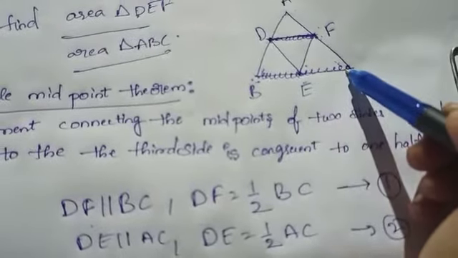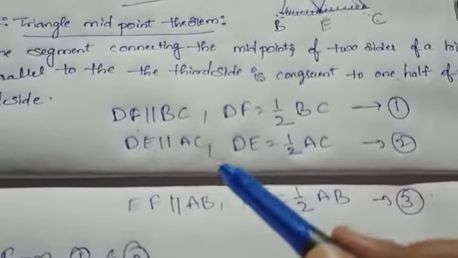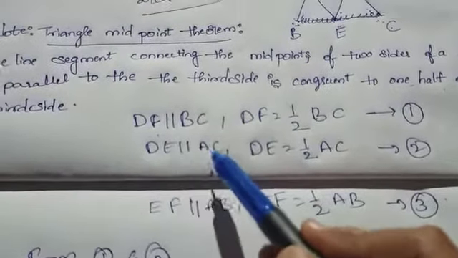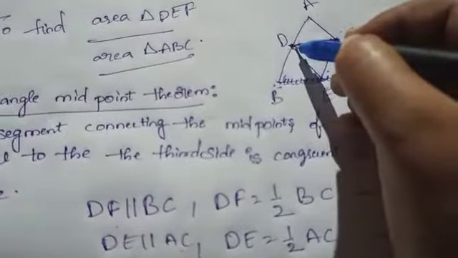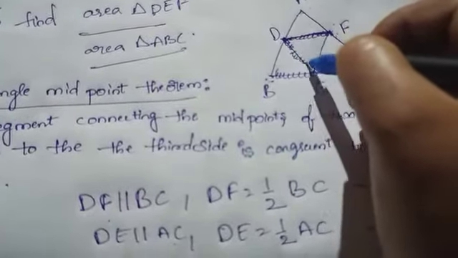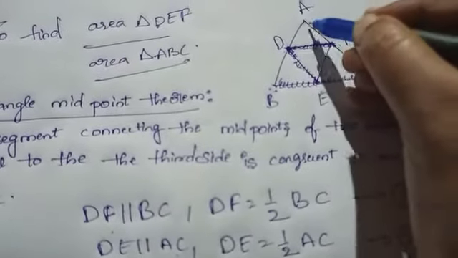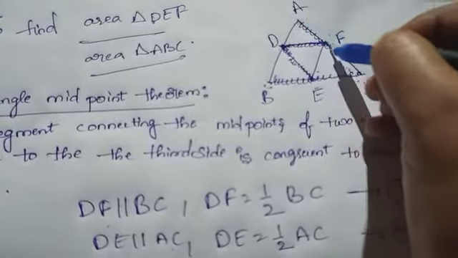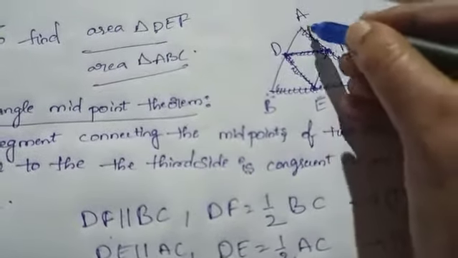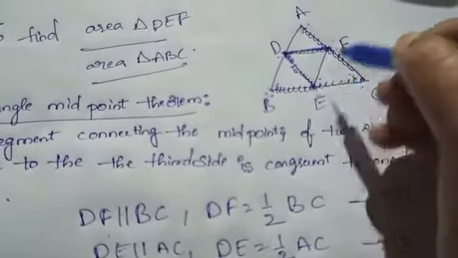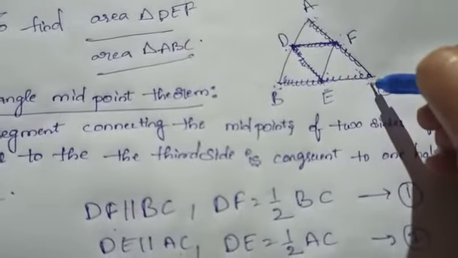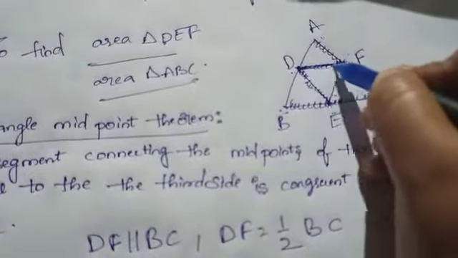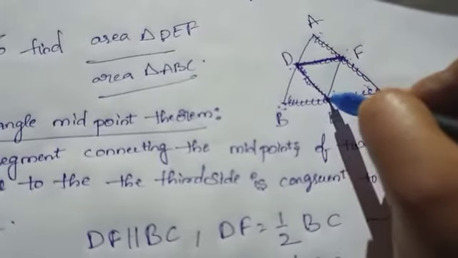Next, DE is parallel to the third side AC. See this line? DE is parallel to AC. Then DE is parallel to FC. So here we get one parallelogram.